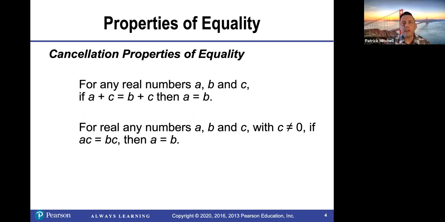And the way we usually use this is subtract a number from both sides of an equation. And the next one says for any real numbers a, b, and c, with c not equal to 0, that's important, if a times c is equal to b times c, then a equals b. And the way we usually use that is by dividing both sides by a real number.